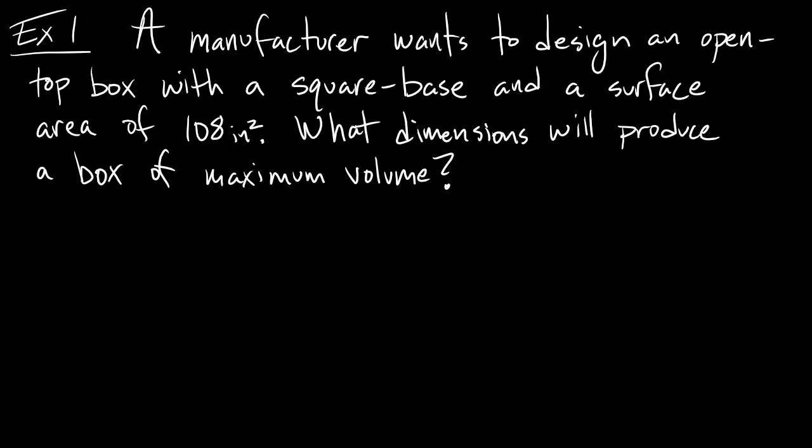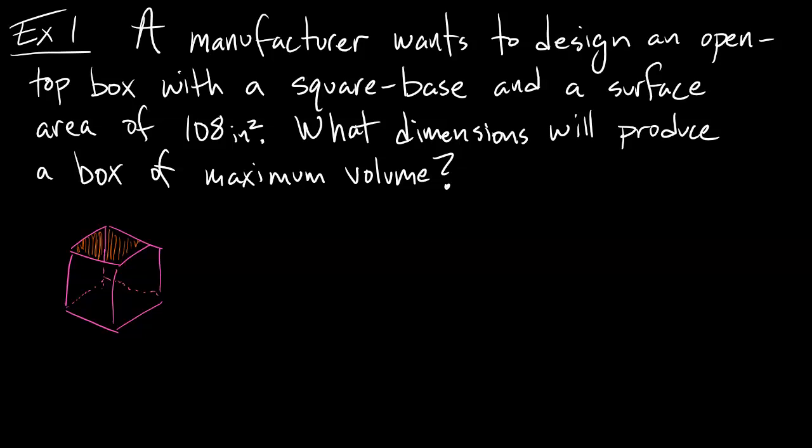So I'll start by drawing a little picture here. We've got a square base and open top. I'm not the greatest drawer, but I'll do my best. The open top box part means that you can see the inside from the top.